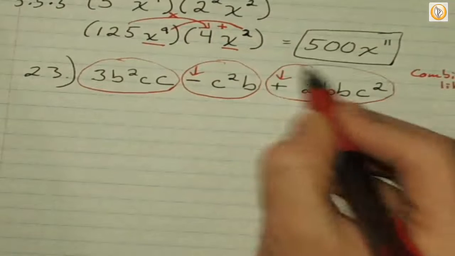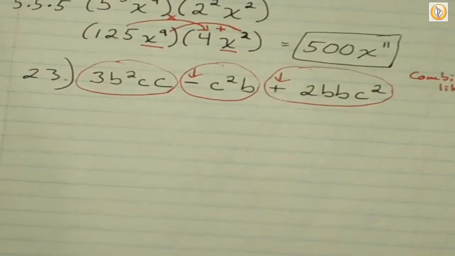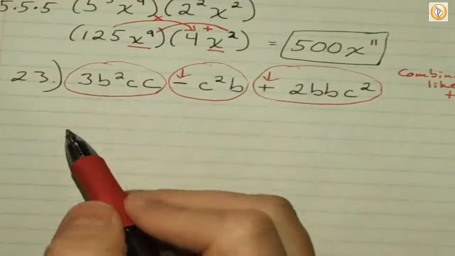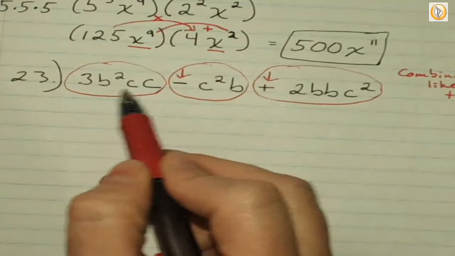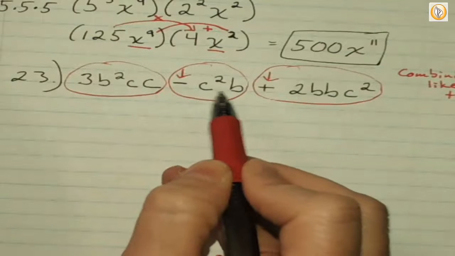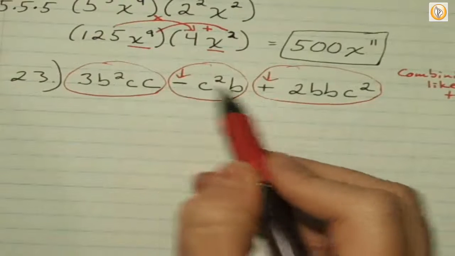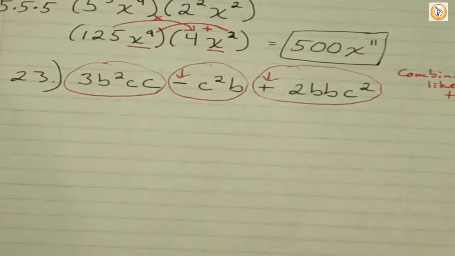And this is one group. The whole thing is not being multiplied together. It is separated into 3 groups. Now, this stuff in here is being multiplied, right here is being multiplied and this is being multiplied. But because of the minus and the plus, we have 3 separate groups.